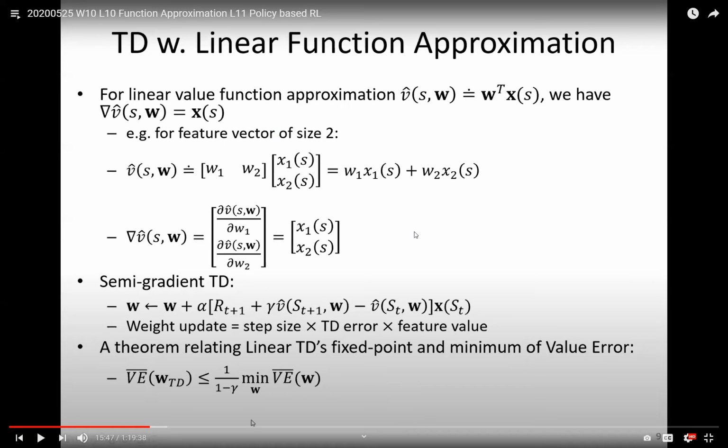Linear function approximation is used for simpler cases. For realistic large systems, you must use a nonlinear function like a neural network.